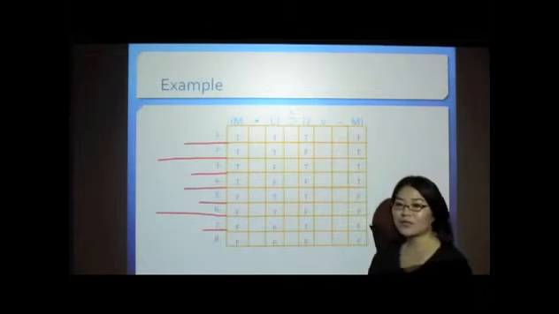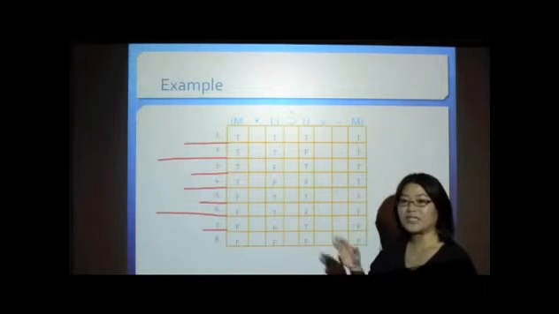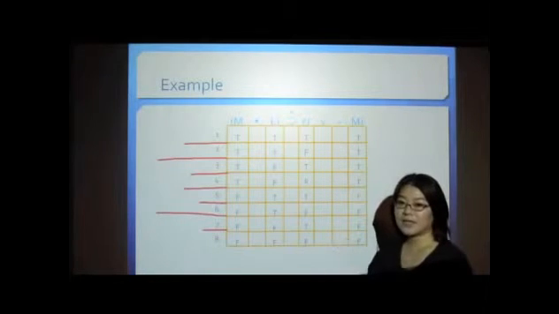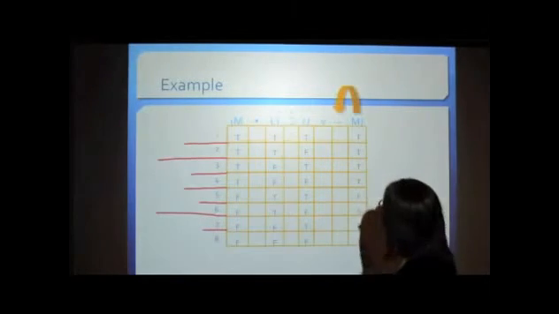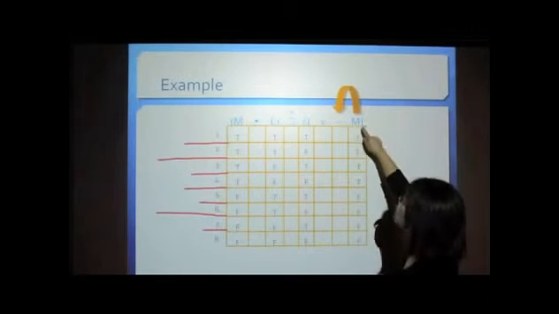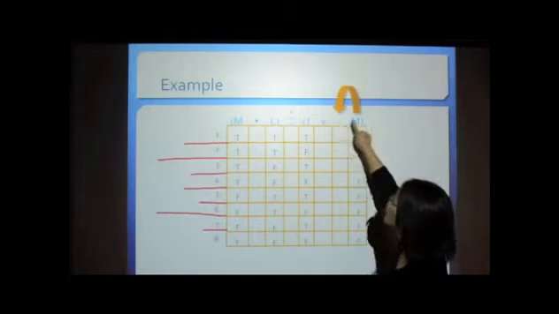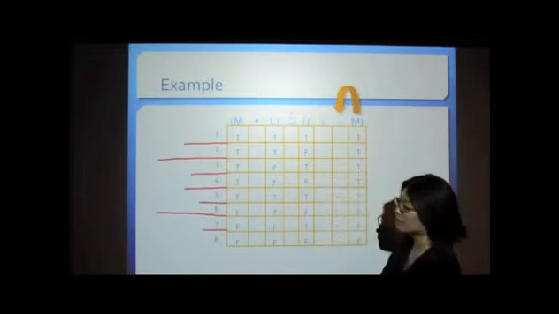Remember, the truth function for the tilde is if some statement P, and P could be any statement, is true, then tilde P is false. And if some statement P, any statement P, is false, then tilde P is true. So we're going to use the truth values for this column for the M to determine the truth values for not M, and we're going to put those truth values here underneath the tilde.